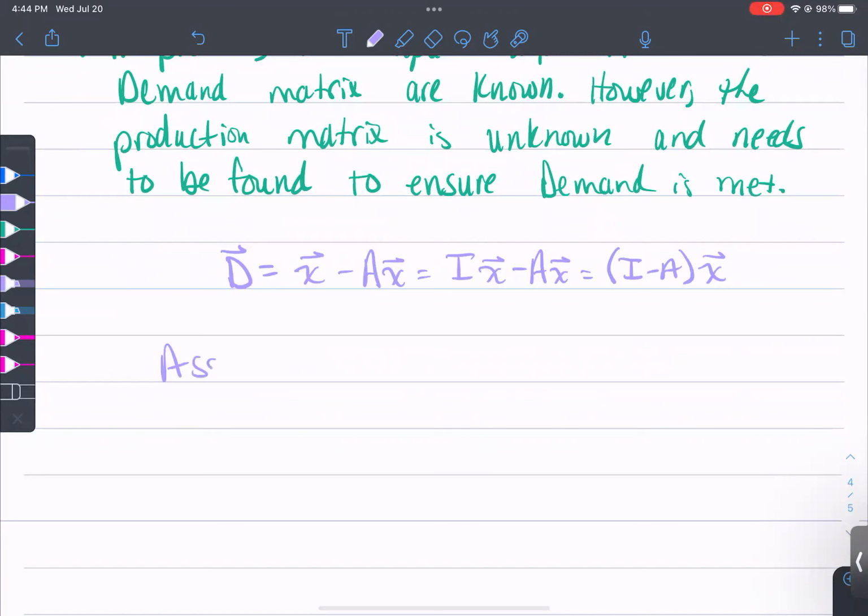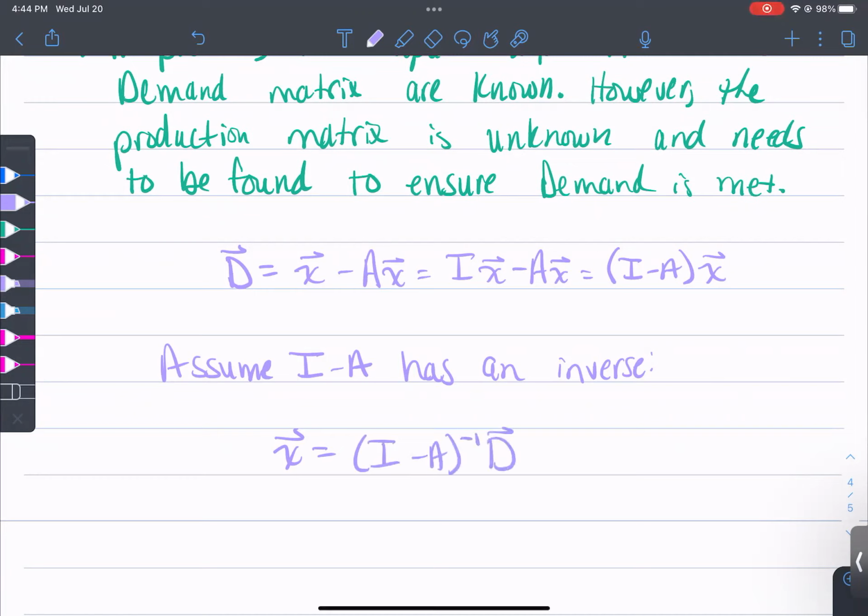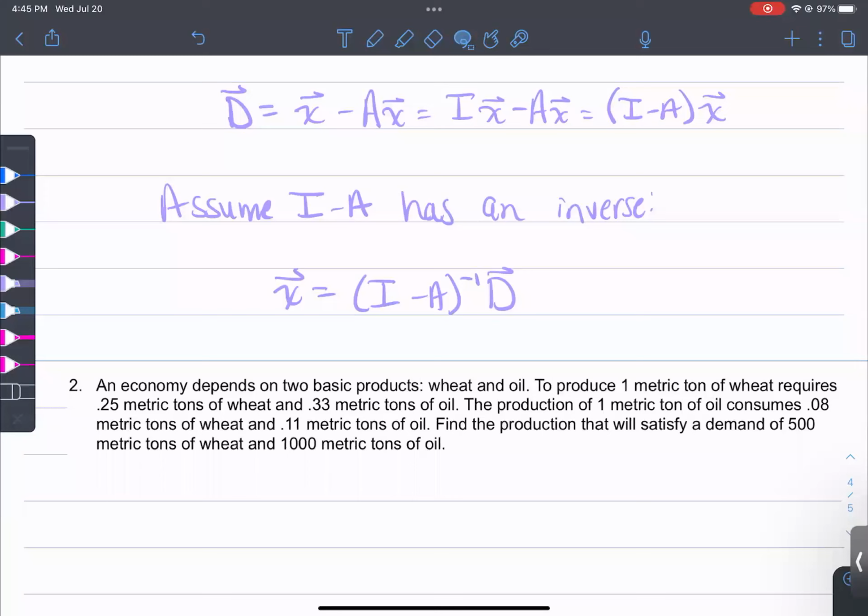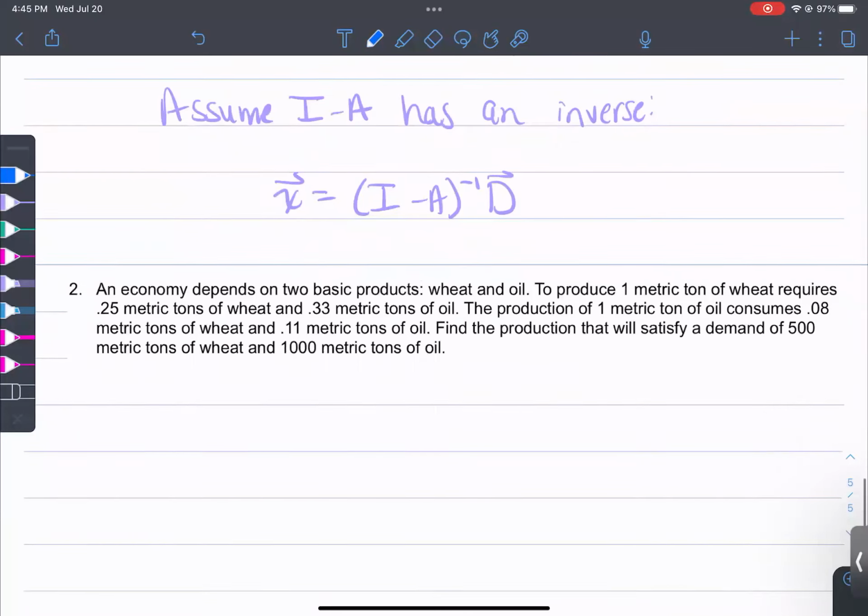So if we assume I minus A has an inverse, we can find our production matrix by multiplying that inverse times the demand matrix. So we're going to put that into practice on our next problem.